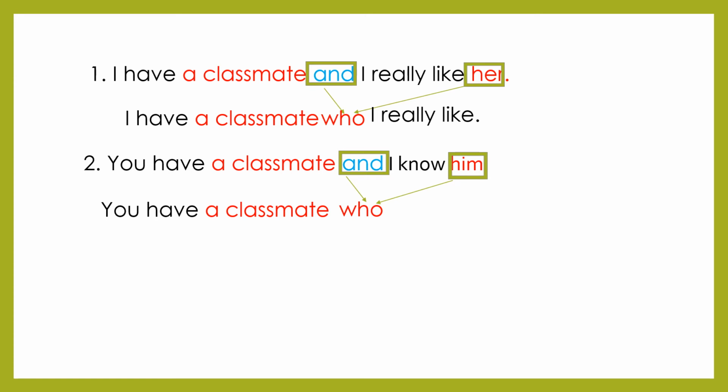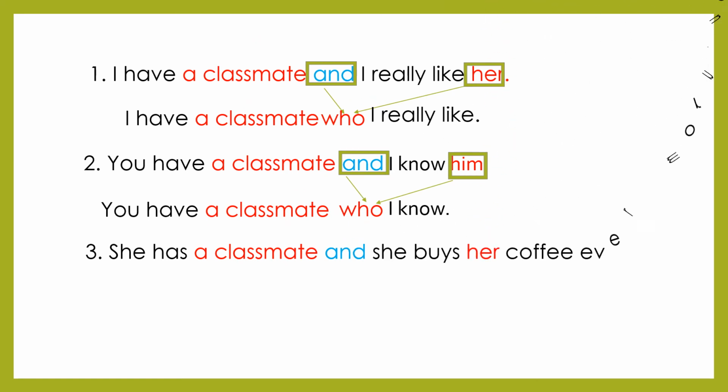Okay, the second sentence, you have a classmate and I know him. Since a classmate and him is the same person, and in English we don't like repetition, we can combine this conjunction "and" and "him" into one word, which is, you're right, who.